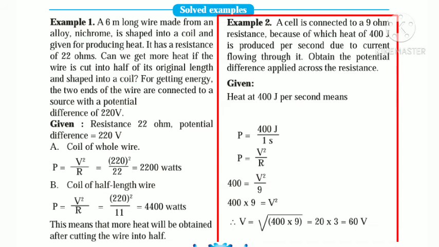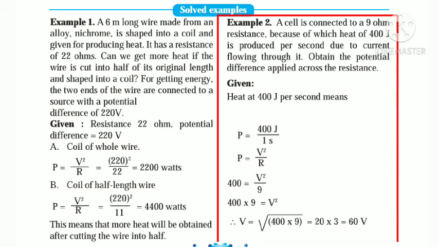We have to put the value of P is equal to 400 is equal to V square upon the value of resistance 9. Therefore 400 into 9 is equal to V square. Therefore 9 into 400 is equal to 3600. And we have to calculate the value of V taking square root of both the sides.